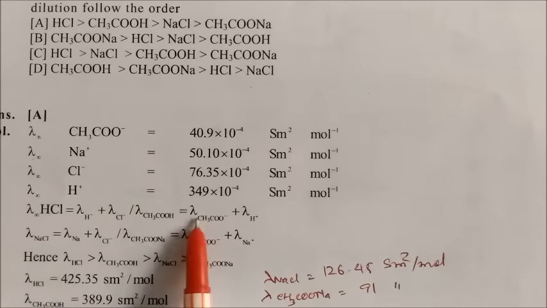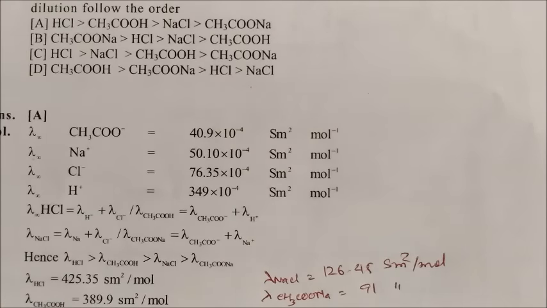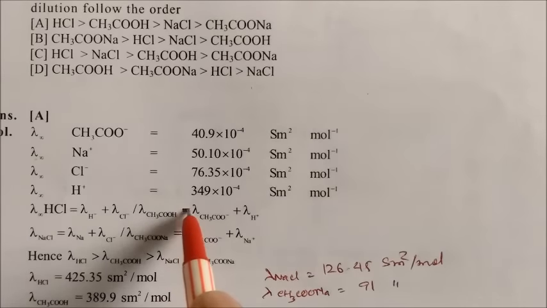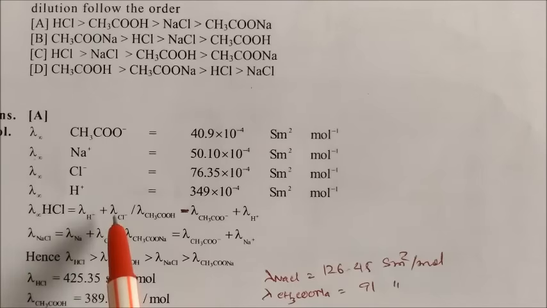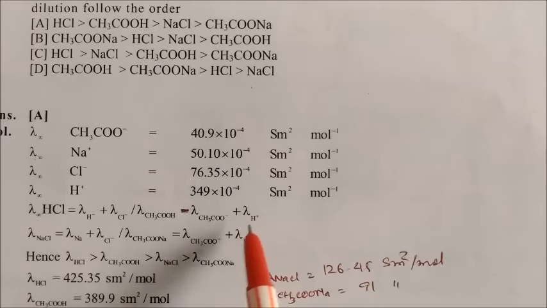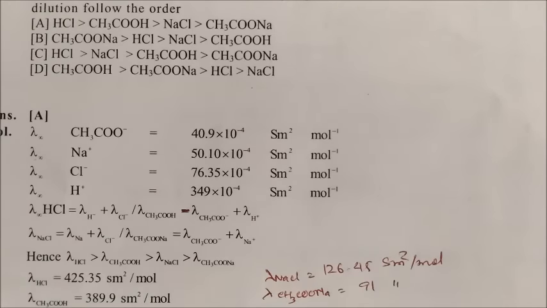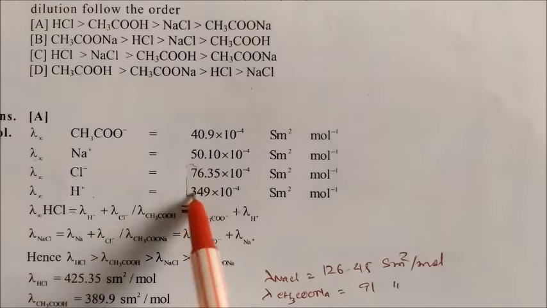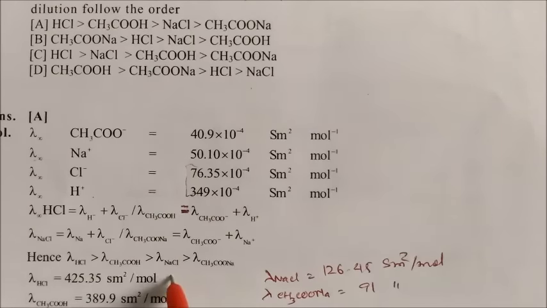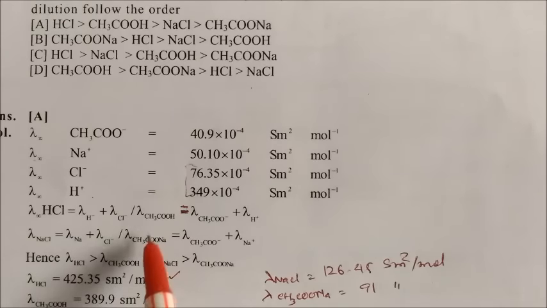So if you add these, on adding, you will get 425 point this value for HCl.